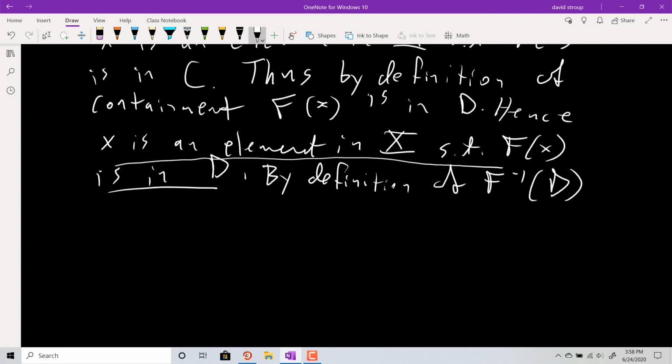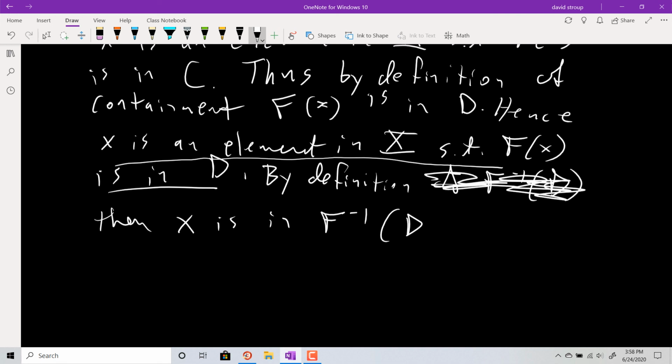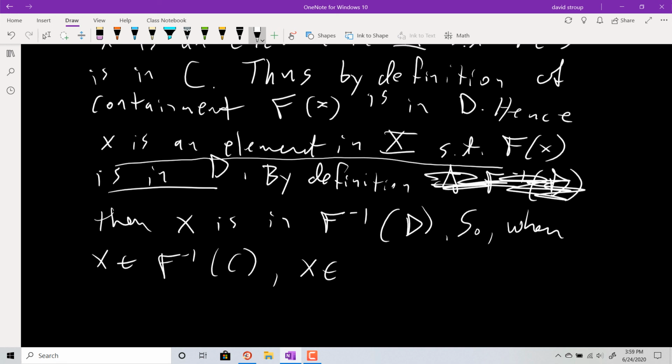So by definition, maybe I can even just cut to the chase, right? By definition, then x is in F inverse of D. So when x is in F inverse of C, x is then in F inverse of D, because x was arbitrarily chosen.